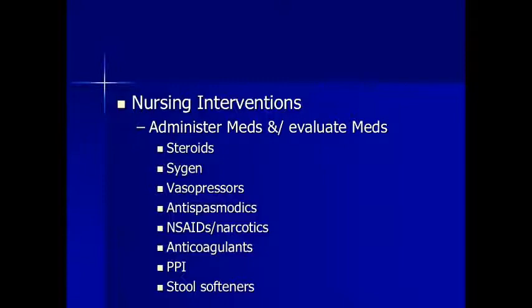Drugs like Valium and baclofen, B-A-C-L-O-F-E-N. NSAIDs or narcotics are also used for pain. Anticoagulants to prevent DVT. PPIs, proton pump inhibitors, to prevent gastric stress ulcers, and stool softeners are used.